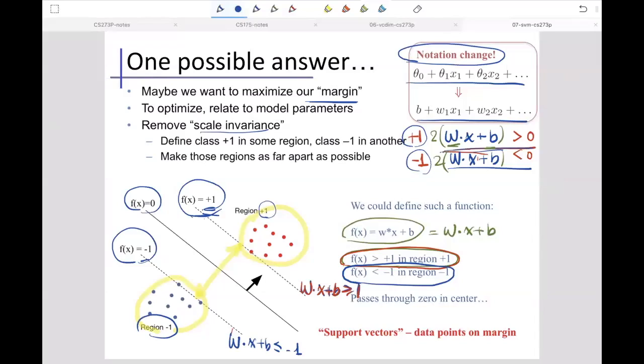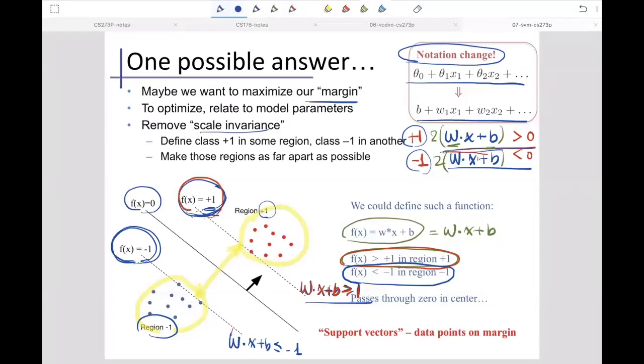Right, but the problem stays the same. I have this parameter W, and I want to make sure that all the data labeled +1 are above this plane, which I'll call the red plane. And all the data labeled -1 should be below this plane, less than or equal to -1.